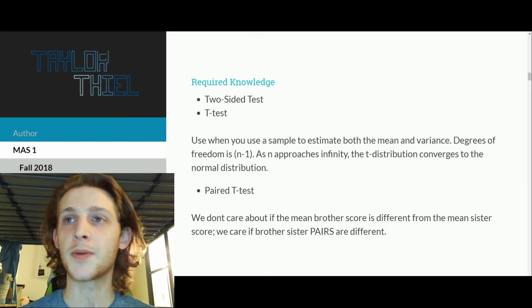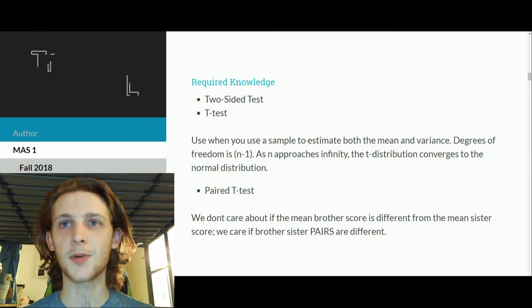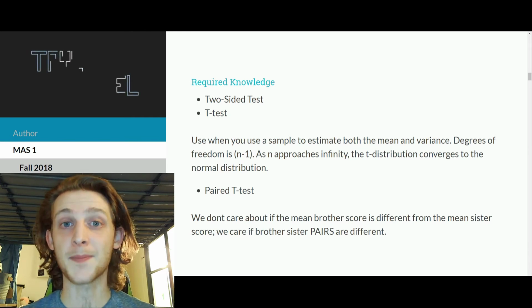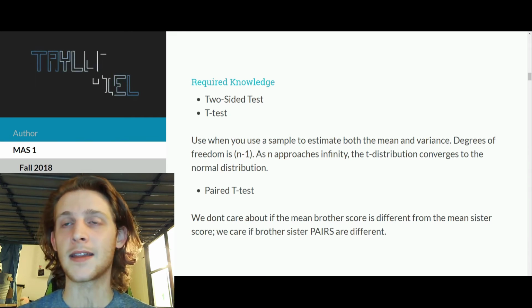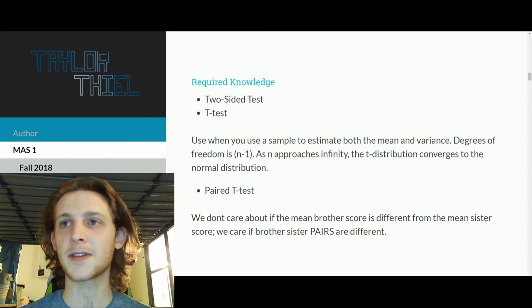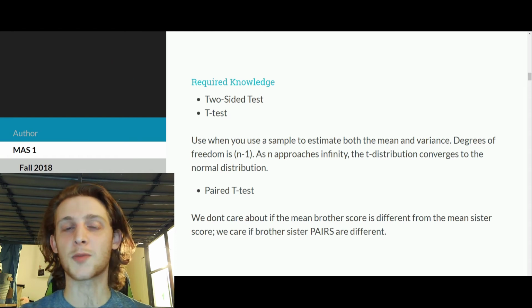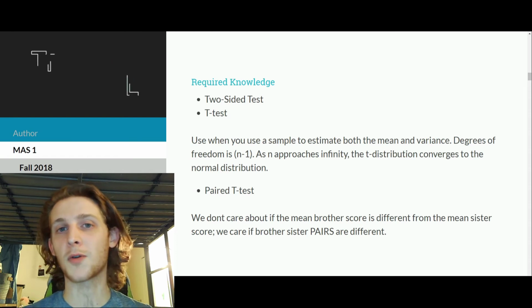So when you're doing a t-test, you're going to need to know the degrees of freedom to be able to use the t-table, and that's just going to be the sample size minus 1. And then separately, you don't need to know this, but I think it's conceptually useful, is that a t-test, as the sample size approaches infinity, is going to approach a normal distribution.